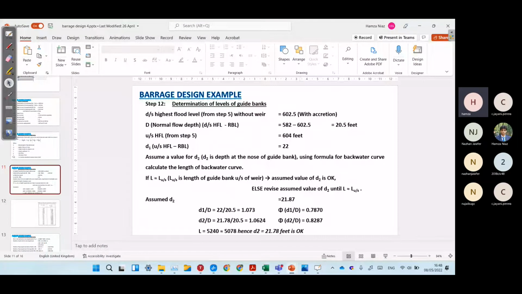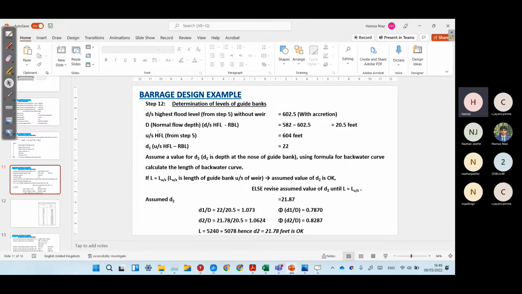We have the downstream highest flood level, which we can get from the rating curve. D is the normal depth of flow. That is simply highest flood level minus river bed level. This highest flood level was 602.5, and subtracting the river bed level from this, we get D, the normal depth of flow. D1 is the upstream depth: upstream highest flood level minus river bed level.